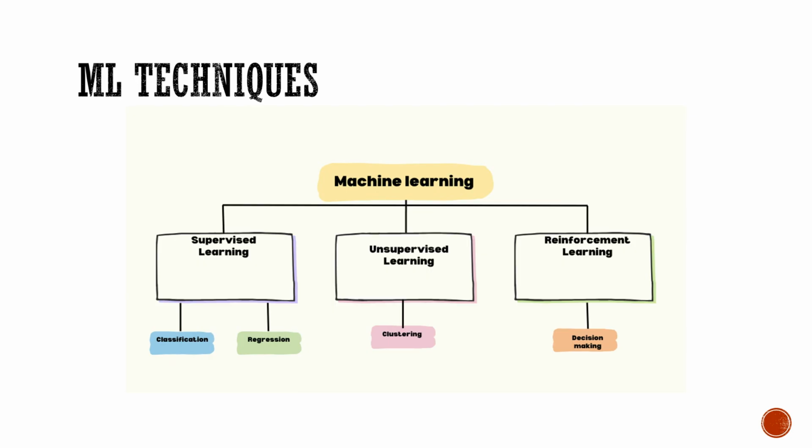The third type is called reinforcement learning, and this type of learning is usually used where we want to do decision making. With reinforcement learning, we have an agent that we give an opportunity to explore a given environment, and we allow it to learn by making mistakes and errors.